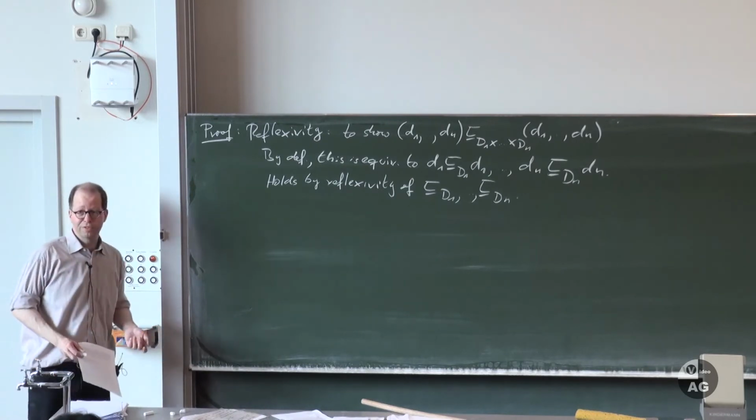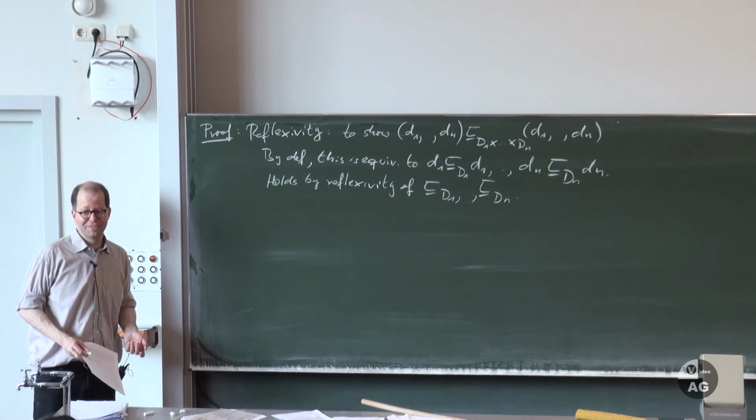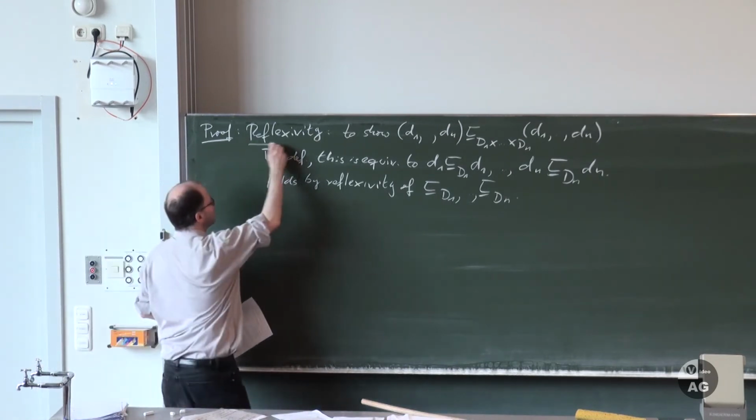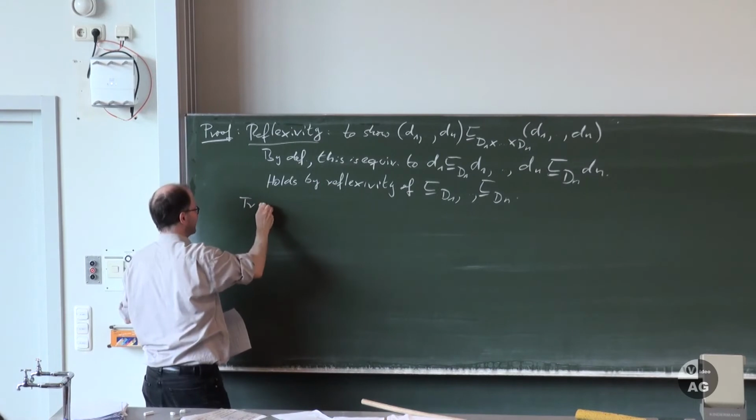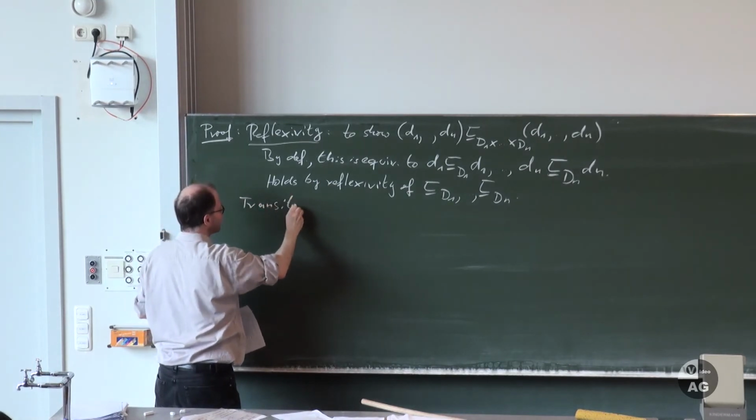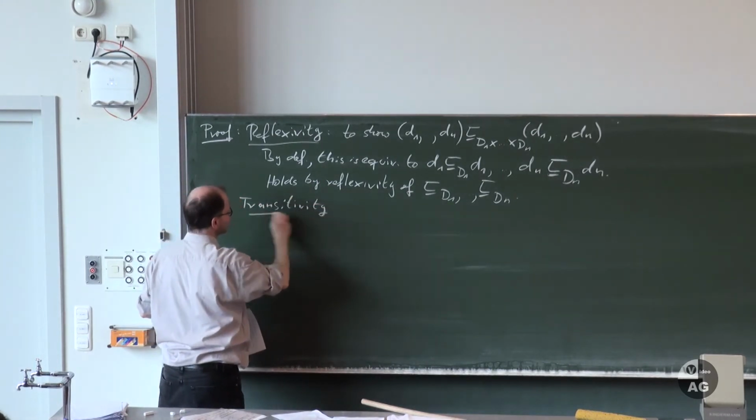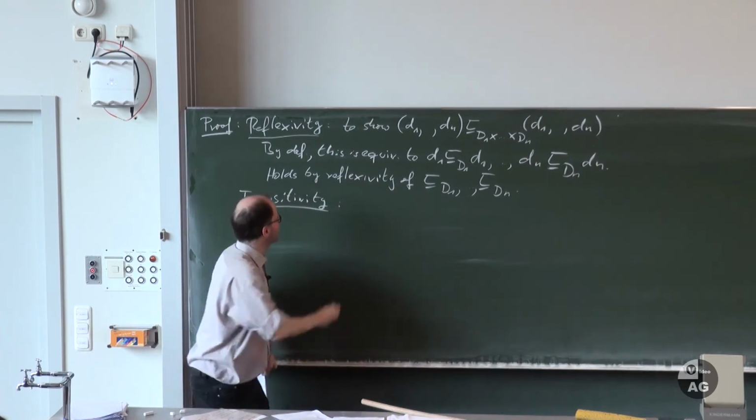Should we do one more? Let's do one more. Let's do transitivity, but omit anti-symmetry, which works in the same way. So what do we have to show?